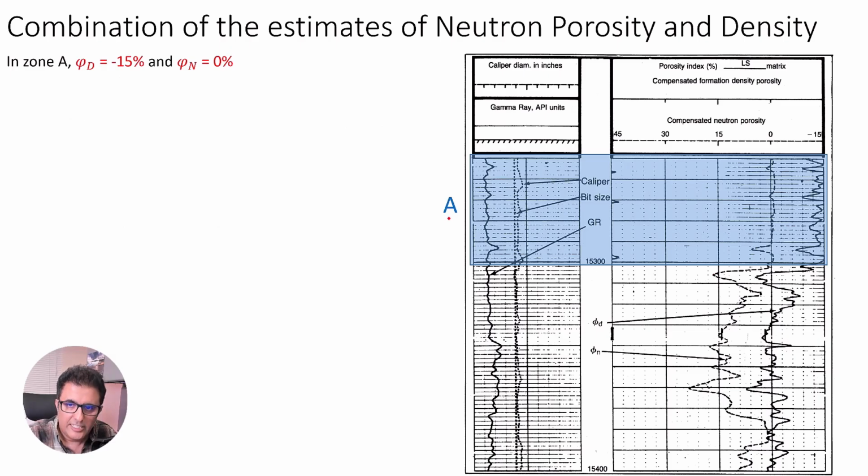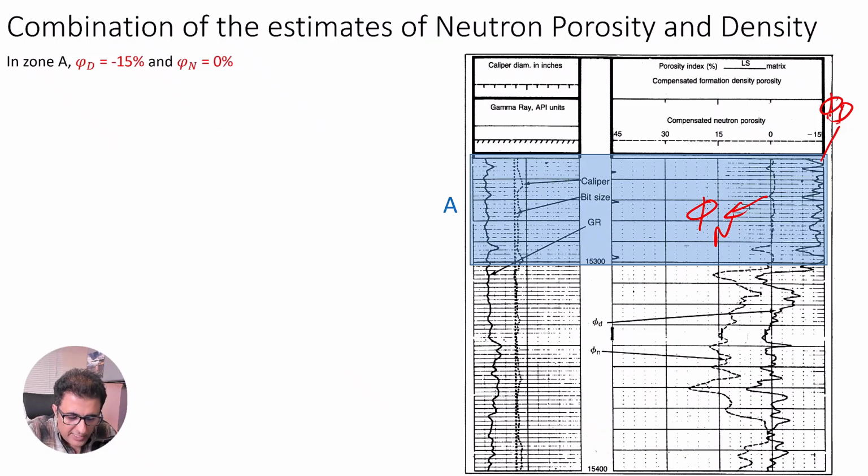You see here we have zone A, and in zone A, this is the value of the porosity for phi n, and this is the value of the porosity for phi d. You see that phi d is minus 15%. We know that minus 15% doesn't make sense. The minimum value for the porosity is 0, and the maximum value can be 1.